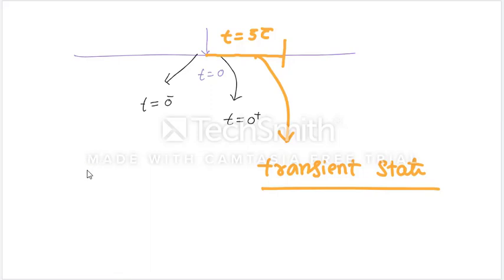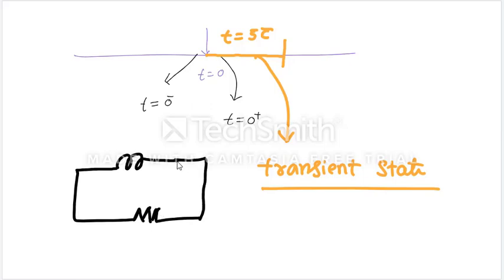Yes, so here this is the inductor, and if it has energy it will deliver, but this energy lasts up to how much time? This 5 time constant time only. After 5 time constants it will be completely discharged. So there is no energy after 5 time constants, but I need what now?